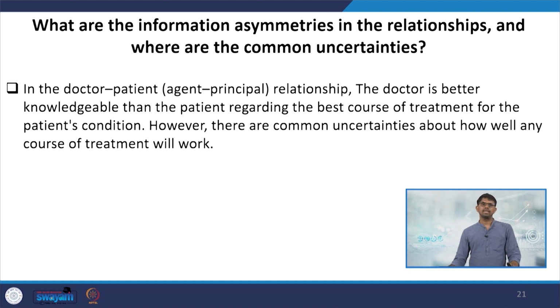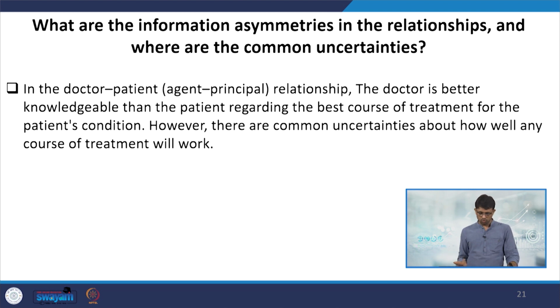In the doctor-patient case, even here there is an agent and principal relationship. The principal is our patient, and the doctor is better knowledgeable than the patient regarding the best course of treatment for the patient's condition. However, there are common uncertainties about how well any course of treatment will work.